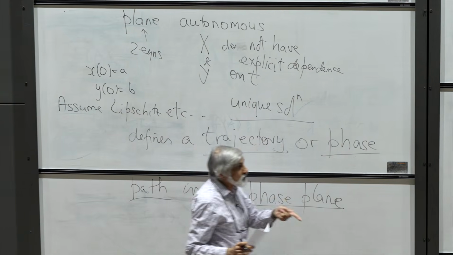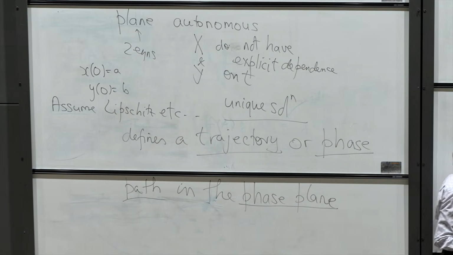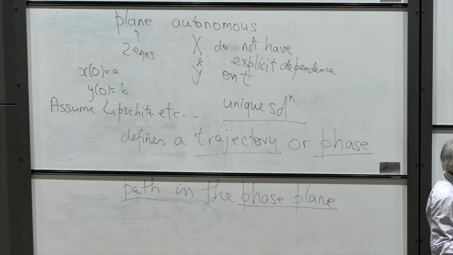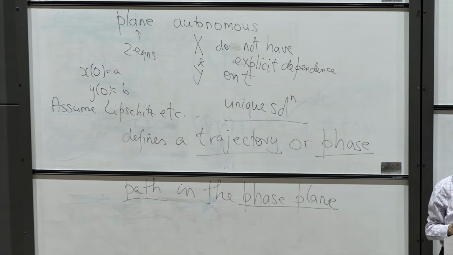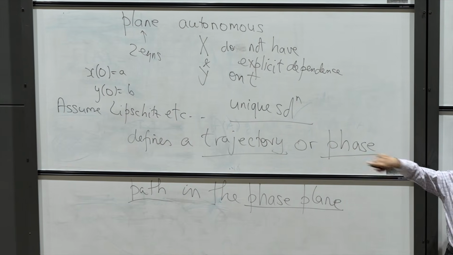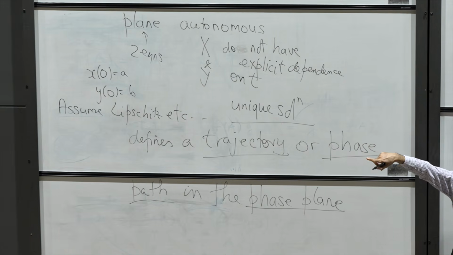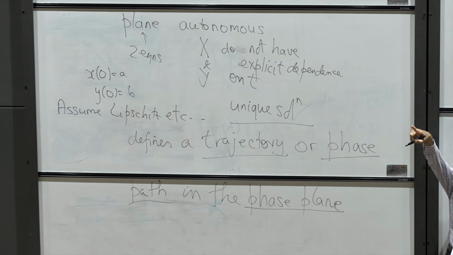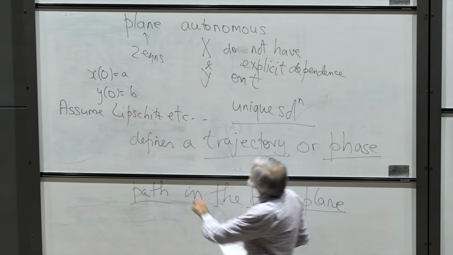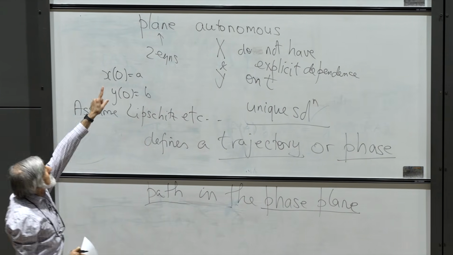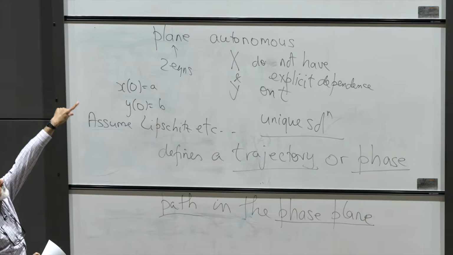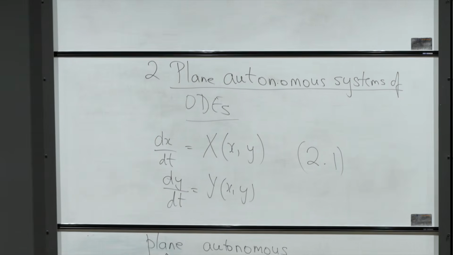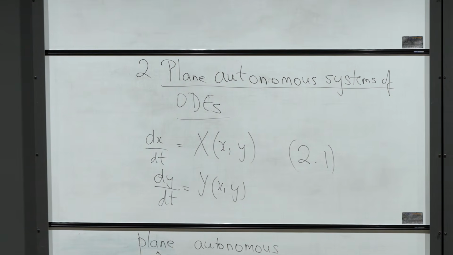So what you've been used to doing, if you have one ODE, say dx by dt equals big X, then you plot x as a function of t. You've got one independent variable and one dependent variable. Now here we've got two dependent variables and one independent variable. And what we do is we plot the two dependent variables.